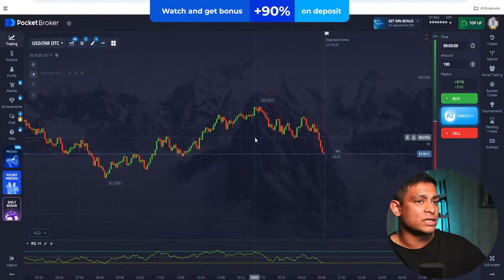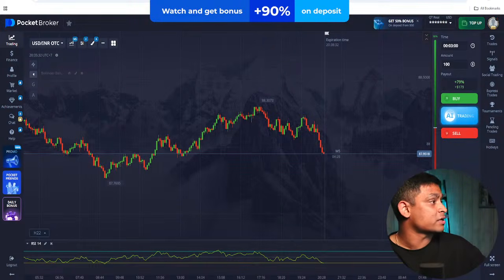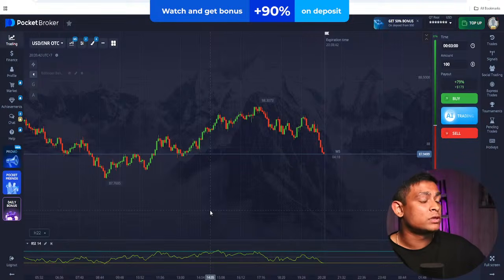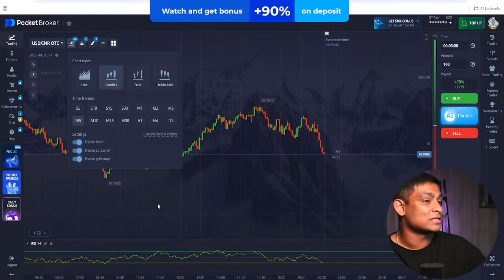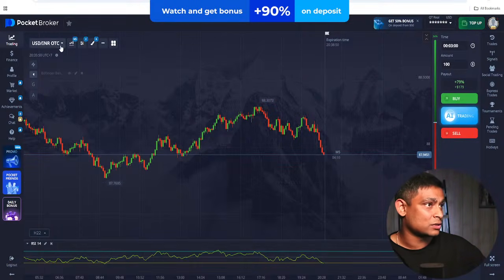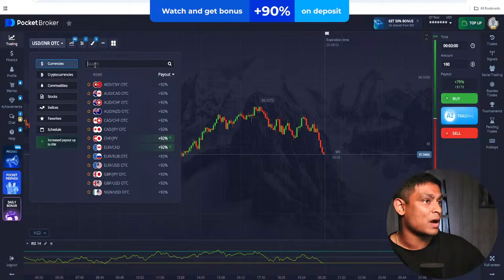So what we can see over here, ladies and gentlemen, is that the price is falling down. Now, first of all, as per the rules, we always go by the rules. We do not play with the rules. We do not neglect or underestimate what the market is trying to tell us.